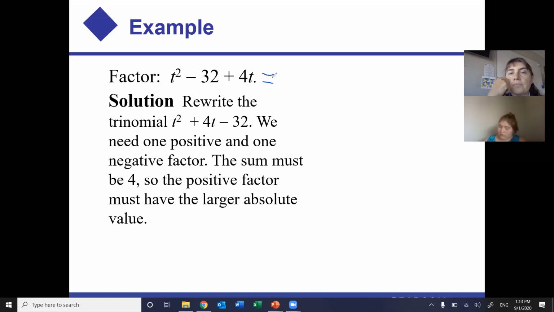Okay, so which two numbers multiply, which number are you looking at to get the multiplication? 4 or 32? That's right. So what you need to do is first arrange it so we have the exponents, the powers of t, in descending order. So it's going to be t squared plus 4t minus 32.